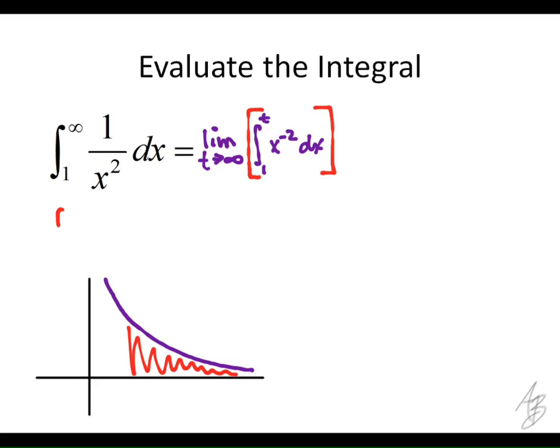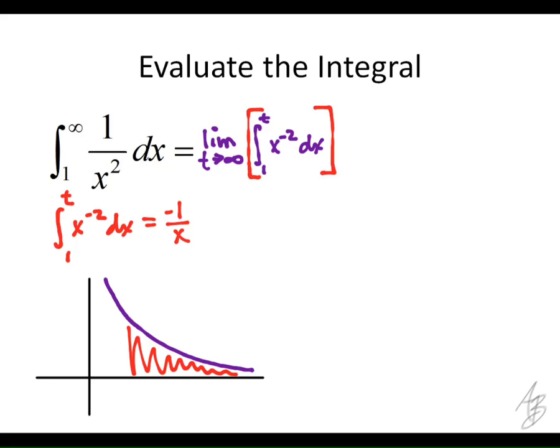So the integral from 1 to t of x to the negative 2 with respect to x is going to be what? What's the antiderivative of x to the negative 2? Yeah, it would be negative x to the negative 1. Probably the simplest way to write it would be negative 1 over x.